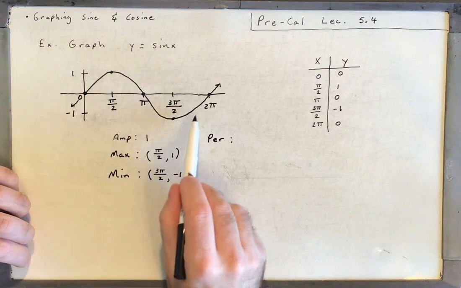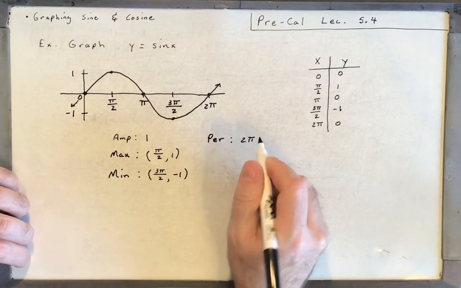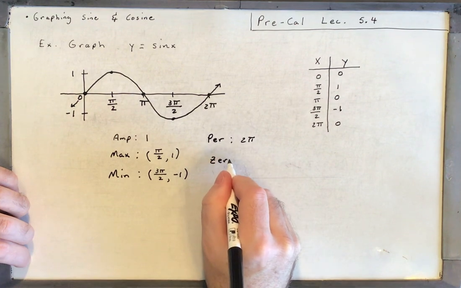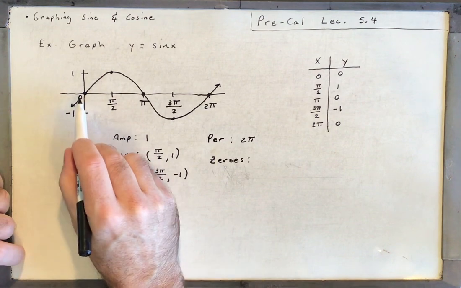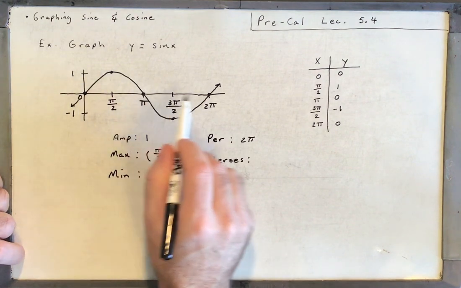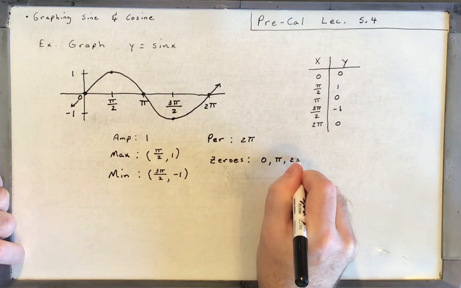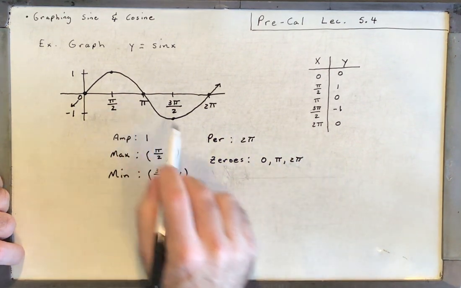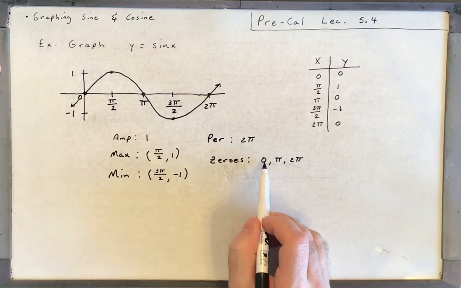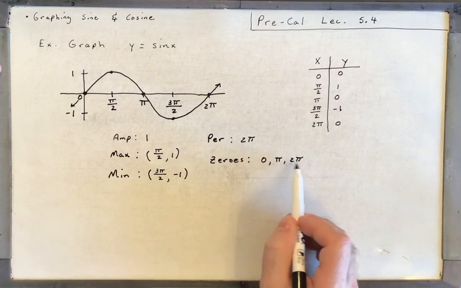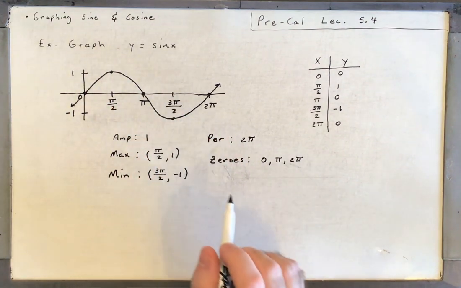It goes up, goes down, so the period is 2 pi. And then the zeros occur at 0, pi, and 2 pi. So these are the x values where the zeros occur. Right? We could do those as points, right? It'd be 0, 0, pi 0, 2 pi 0. Okay? All right, so that's the graph of y is equal to sine x.